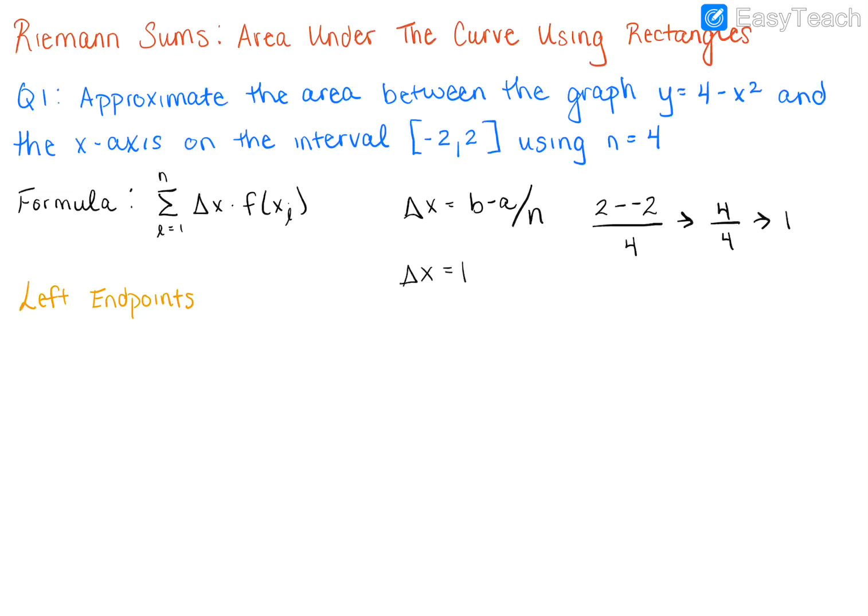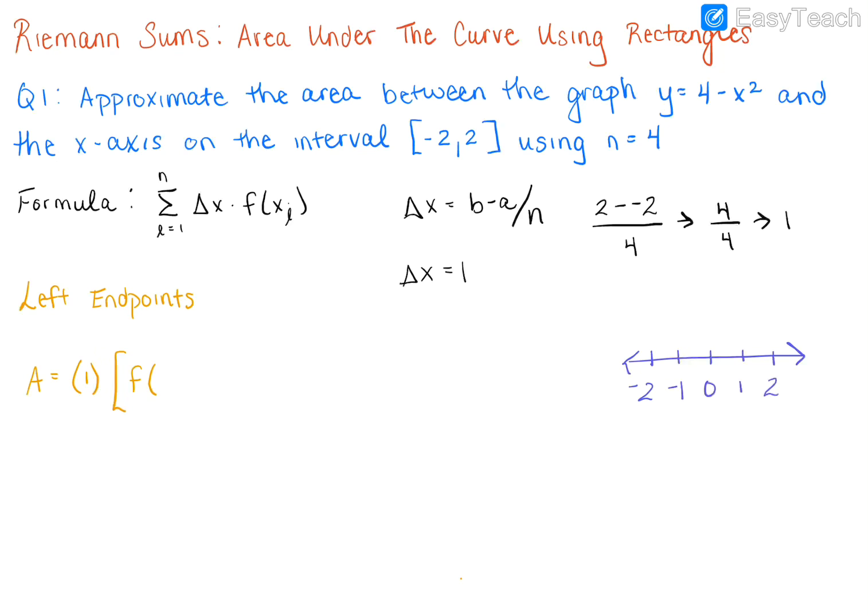So when we're doing our left endpoints, we're going to do area is equal to 1 times f of, and to determine what numbers again we're going to use for those 4 rectangles, we want to go back to our number line. So here's our number line. We have -2, -1, 0, 1, and 2.